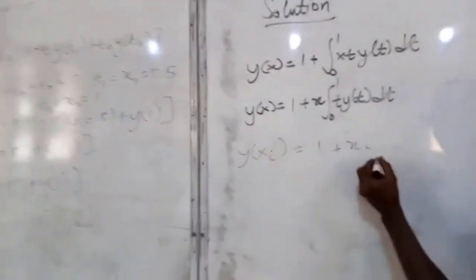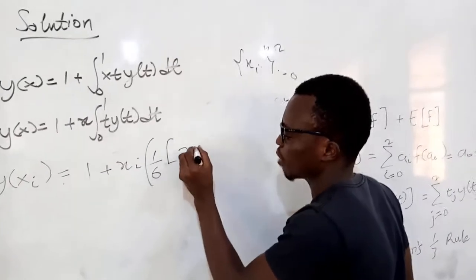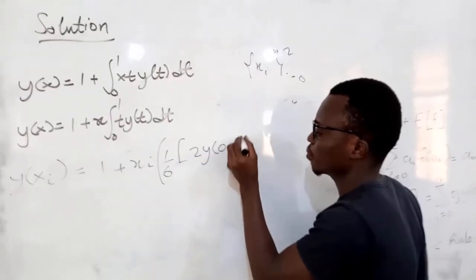So s_i into bracket 1 over 6, the big bracket 2 times y of 0.5 plus y1.